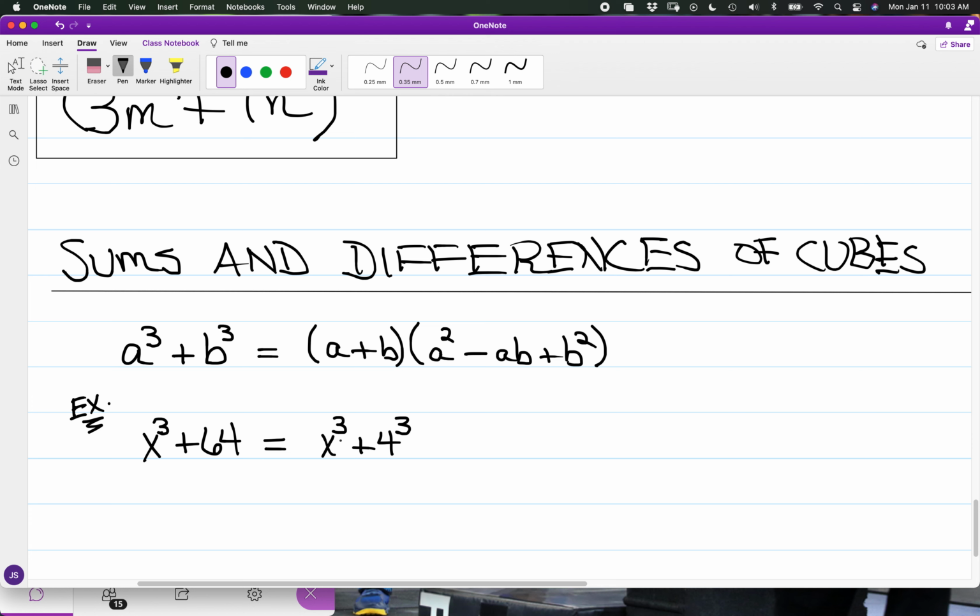Okay, so we have x cubed plus 64, so we have x to the third plus 4 to the third. So here you can look at this as where we have a represented by x and b represented by 4. If I were to take to heart what I have with this algorithm, say we have a plus b, that's going to be represented by x plus 4.